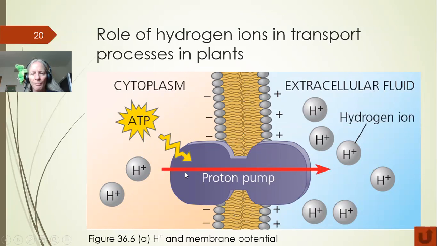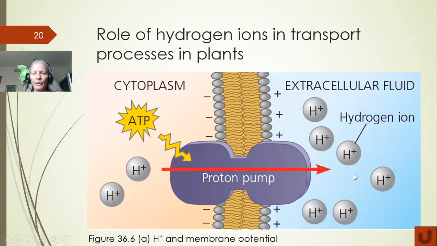When an ATP donates a phosphate, and that phosphate attaches to the proton pump, that provides energy and changes the shape of the molecule such that hydrogen ions are pushed to the opposite side of the membrane. And notice that these hydrogen ions are moving against their concentration gradient, from low hydrogens to high hydrogens. So this is an active transport.